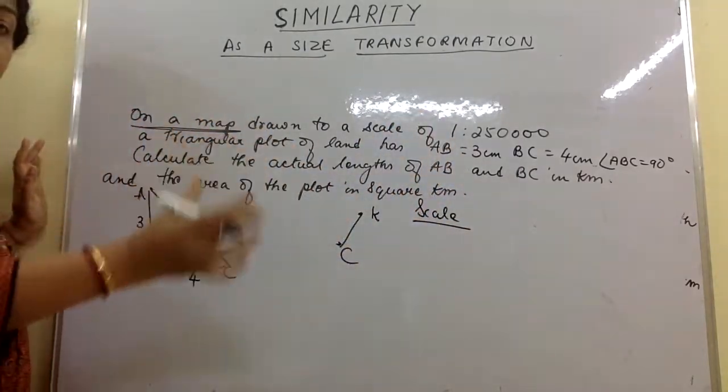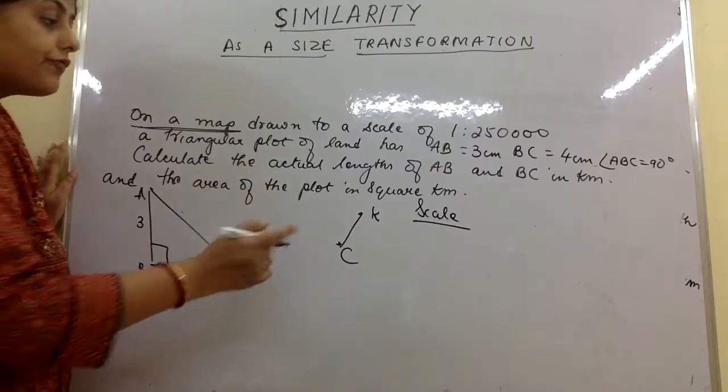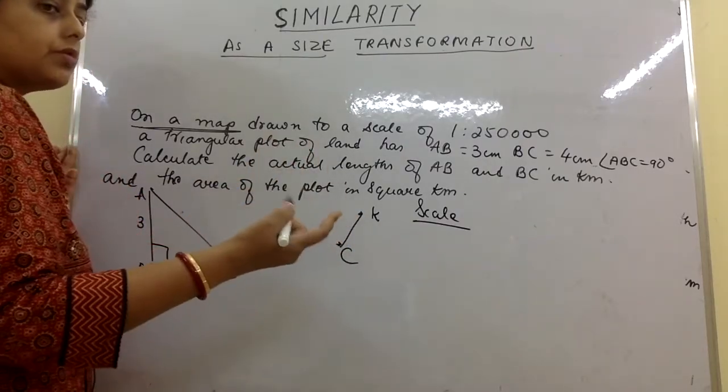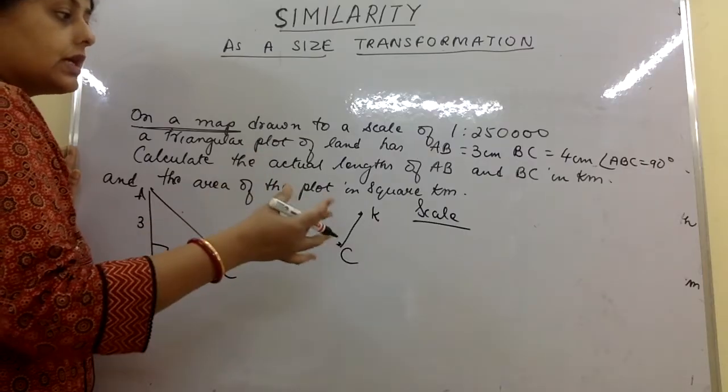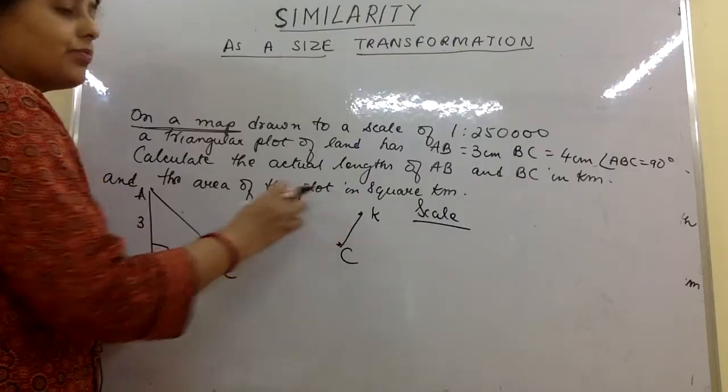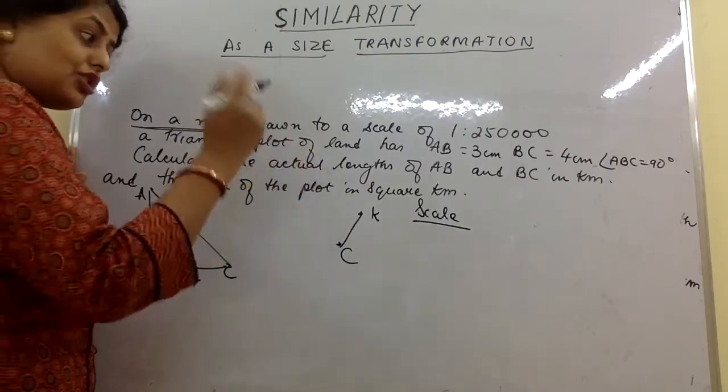If the distance between this to this is a particular number of kilometers, by that ratio it has been brought down and put in the map, and that same ratio will be followed.